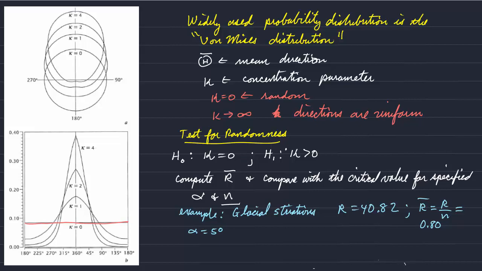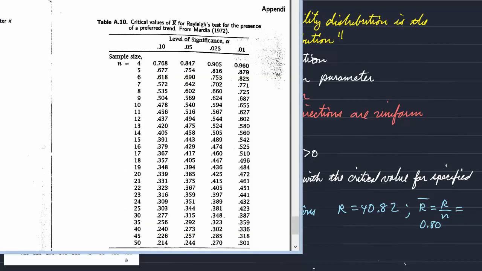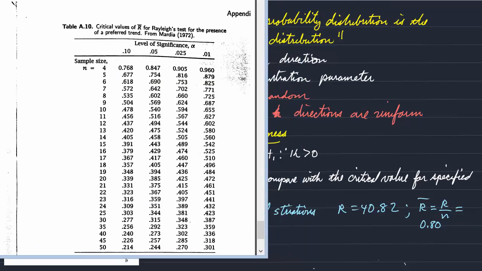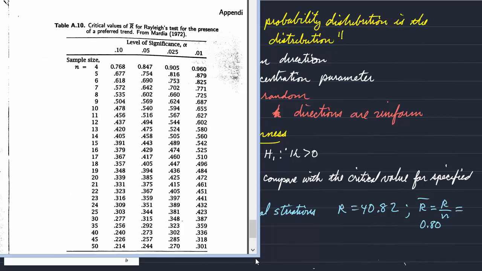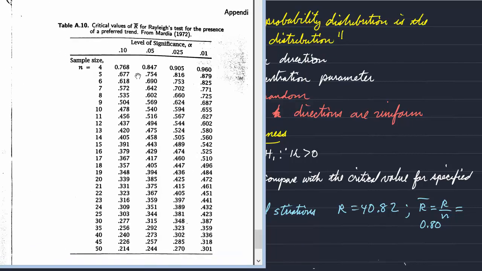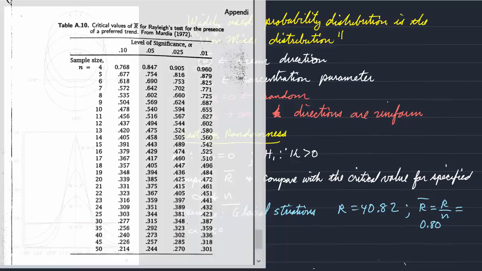And on the PDF on the website, you can refer to the very back of it and look at table A10 of Davis. And this table gives you the critical value of the normalized vector. So we have about 50 measurements in our sample. Our significance was 5%. So the critical value is 0.24.